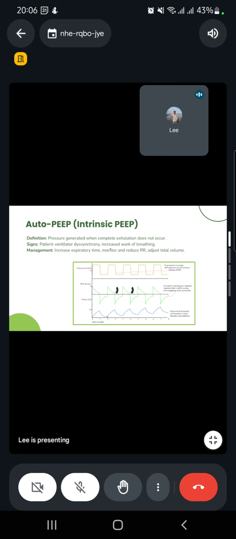Signs: patient-ventilator desynchrony, and you're getting increased work of breathing. So yeah, desynchrony, agitation, sometimes depending also on the kind of sedation that you've given, but you measure with your RASS score. Your management: you increase your expiratory time, like we had mentioned, by increasing your IE ratio, so maybe 1 to 3, sometimes even 1 to 4.